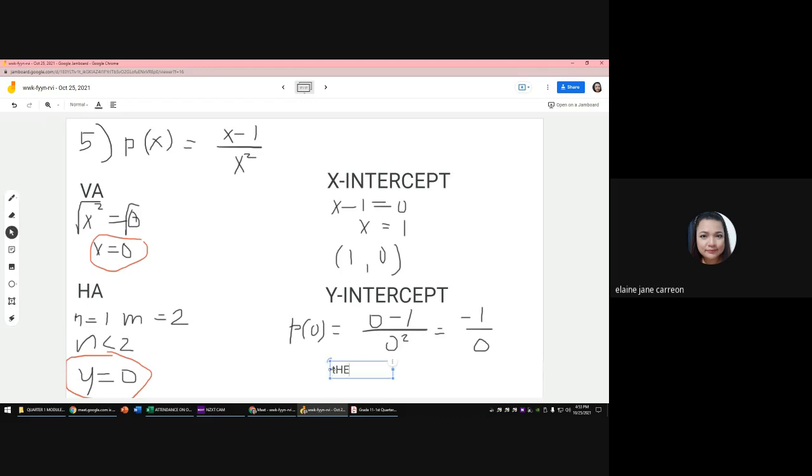There is no y-intercept. Okay? Kasi nga, negative 1 divided by 0 is undefined. So, walang y-intercept, hindi dadaan sa y-axis. Any question?